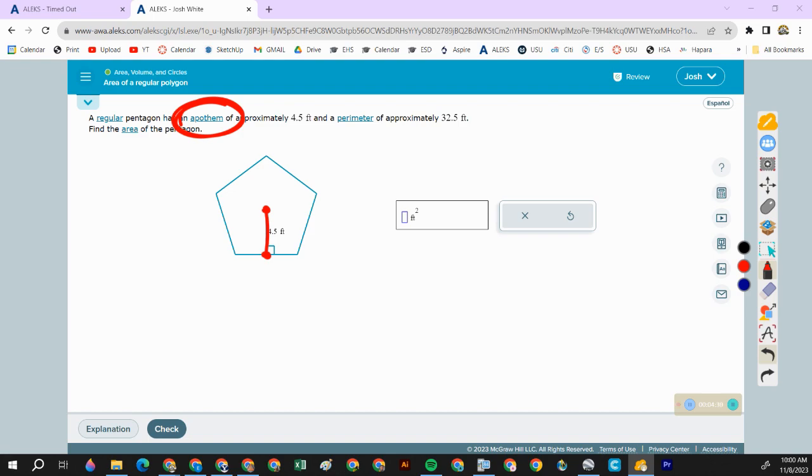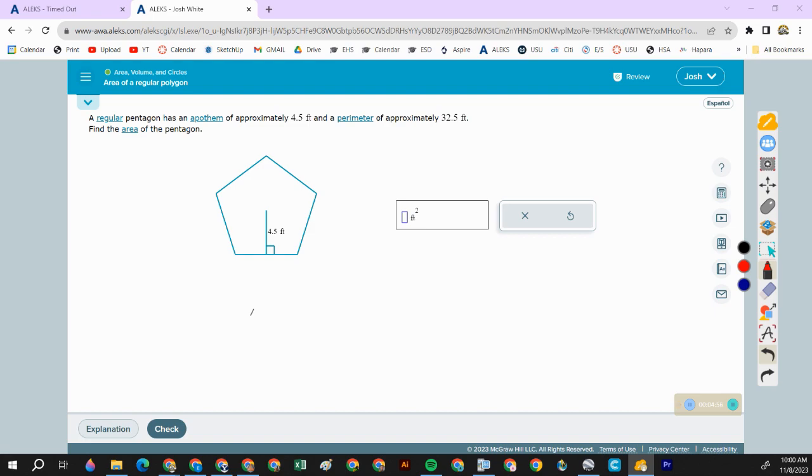So that is called an apothem. If we take the same center and connect it to one of the vertices, that's called the diameter of the polygon. All right? So how do we know the area of the pentagon if all we're given is the apothem?